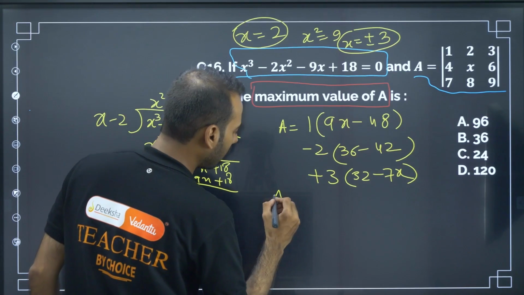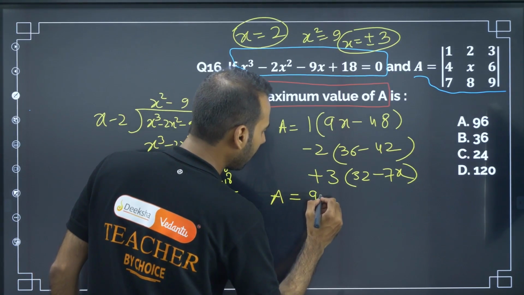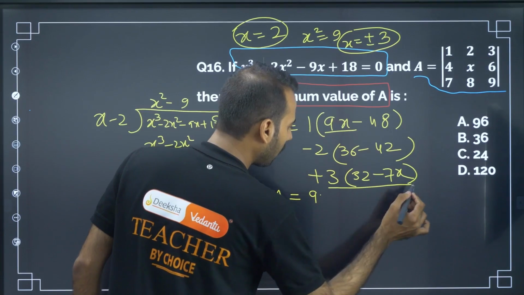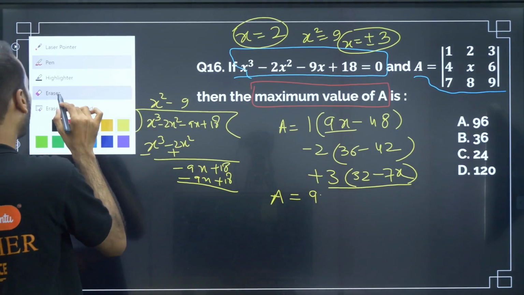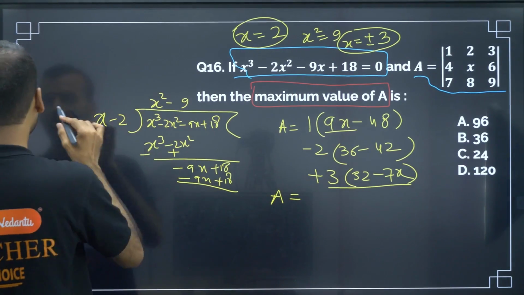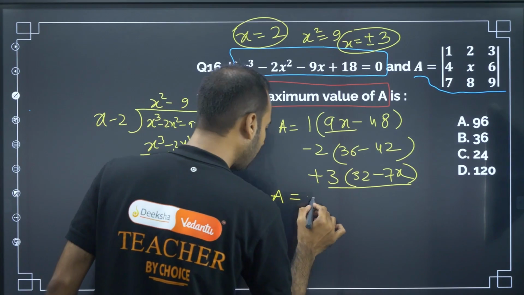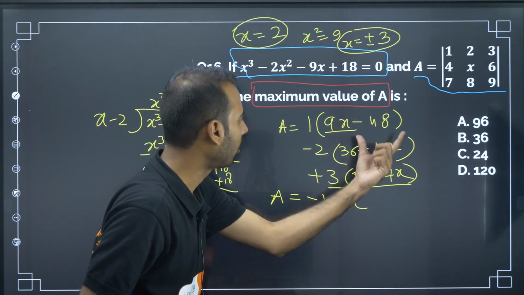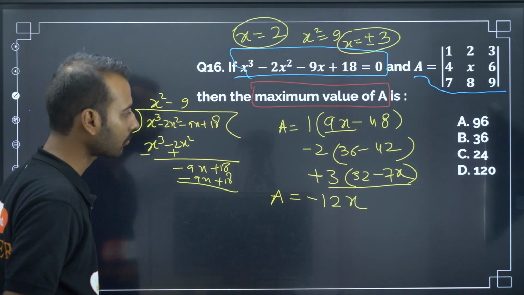So A is equal to 9x. If I observe here, 9x is here, minus 21x is here. So overall I will get A is equal to negative 12x. Here positive 9x, minus all this is done, minus 42.